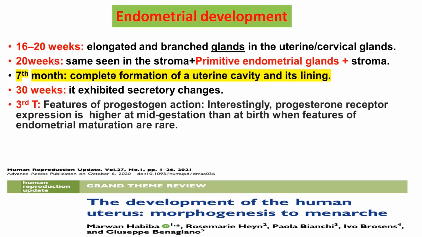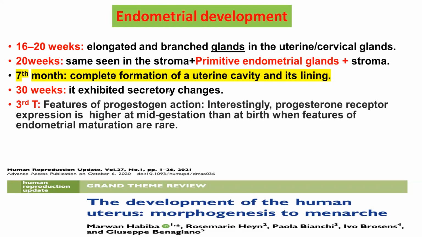Thereafter, at the 16th to 20th week of intrauterine life, there are elongated and branching glands in the endometrial cavity and cervical canal as well. So this simple epithelium starts to differentiate to a functioning epithelium by glands in the cervical and uterine cavity between 16 and 20 weeks.